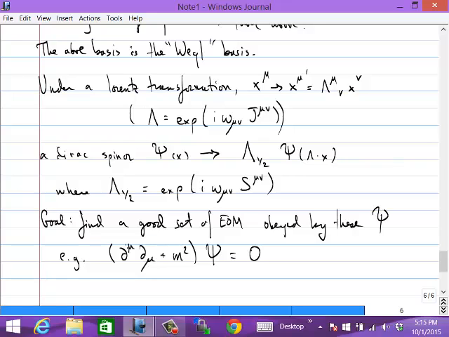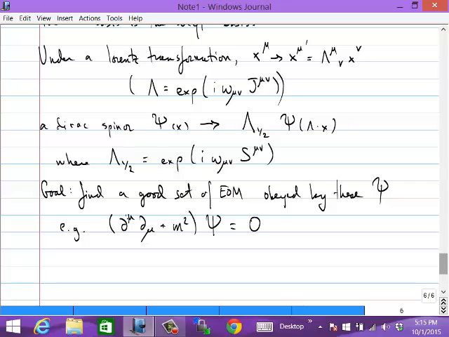That is a perfectly fine equation of motion. In particular, if psi obeys this equation of motion in one coordinate system, it will obey this equation of motion in any other coordinate system. Why? Well, we already saw that under a Lorentz transformation, that Klein-Gordon operator just goes to d mu prime d mu prime plus m squared. And then we have a lambda sub 1/2 acting on psi.